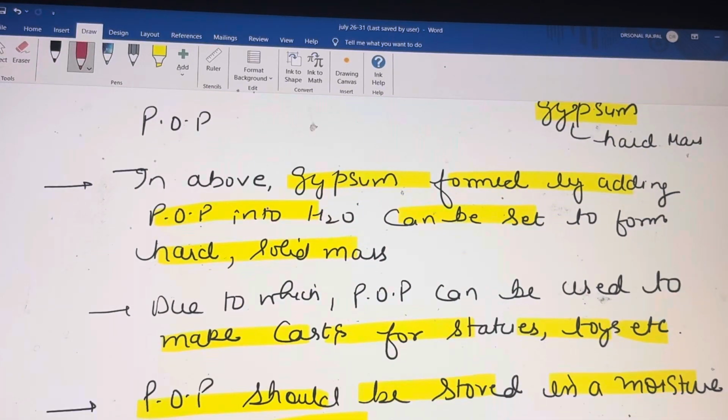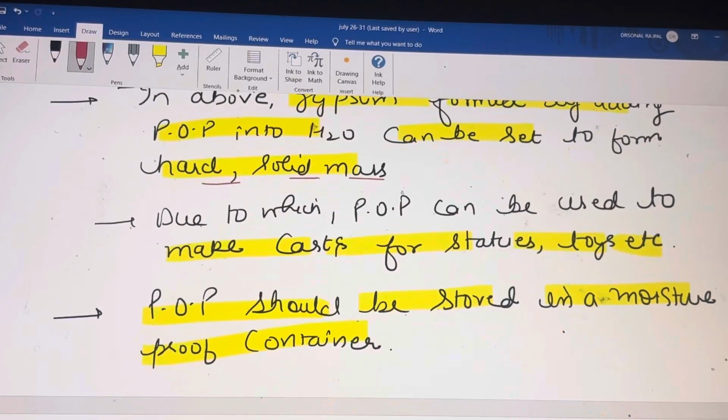So gypsum is formed by adding POP into water, which can set to form a hard solid mass. Due to this property, POP can be used to make casts for statues and toys.